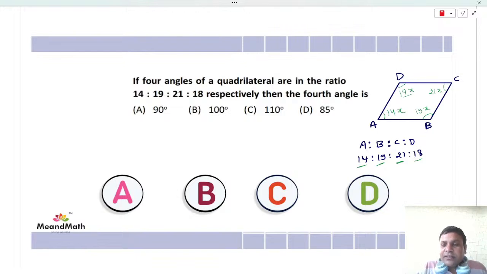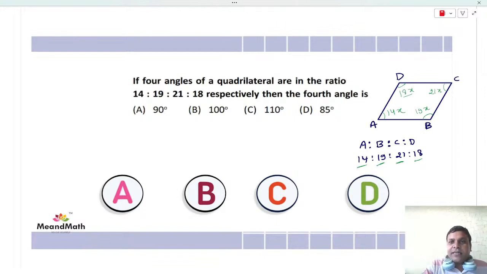The diagram looks like a parallelogram, but in the question it is not given, so we have taken a scalene quadrilateral. Okay, guys, now use the angle sum property in a quadrilateral. We know that the sum of angles in a quadrilateral is always 360 degree. So there are four angles 14x, 19x, 21x, and 18x. The sum of four angles should be equal to 360 degree.